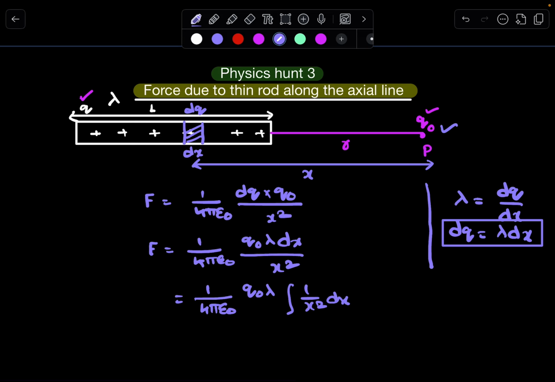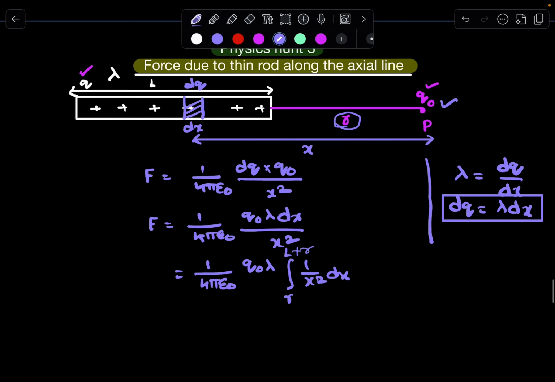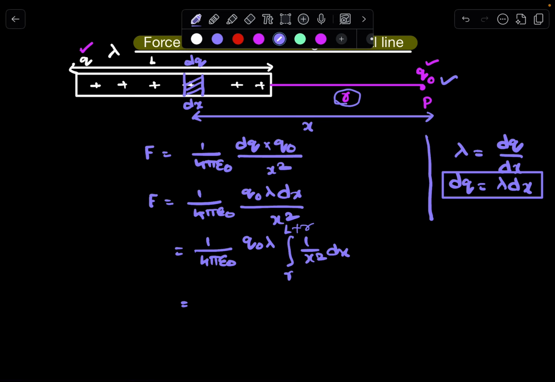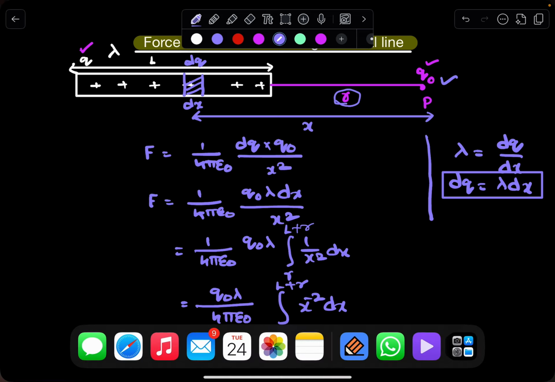Here the integral limits I'm going to take from the total distance of separation r to L plus r, where L means the length of the conductor. So it is q naught lambda by 4 pi epsilon naught into integral of x power minus 2 dx, which varies from r to L plus r.